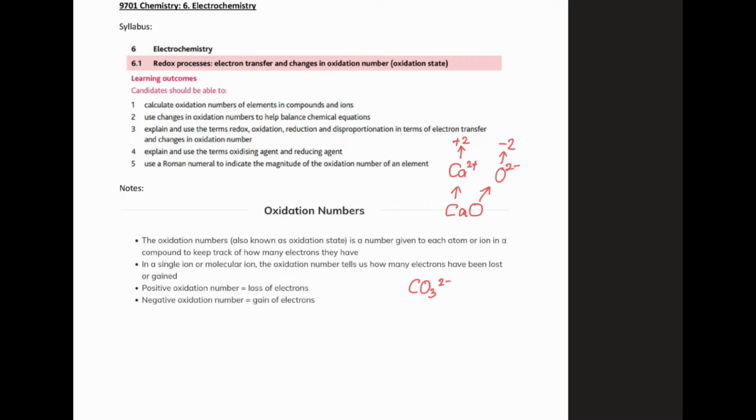So the 2 minus means there is a gain of 2 electrons. If I want to find out the oxidation number of each element, you have to know that this oxide is O2 minus. And this one, we're not sure, so we don't know.